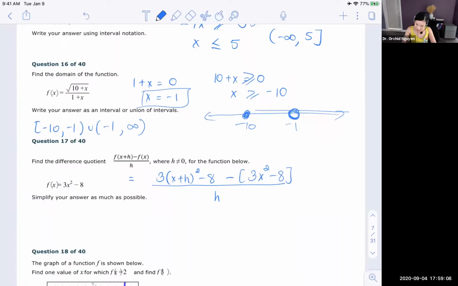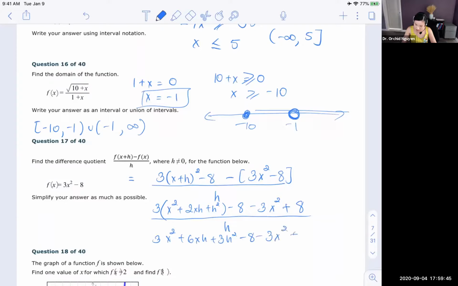If you do your work correctly, you're going to cancel out a lot of things. I can work it out for you. If I FOIL that part, it's going to be 3 times x squared plus 2xh plus h squared, minus 8, minus 3x squared plus 8, over h. So what I have is 3x squared plus 6xh plus 3h squared minus 8 minus 3x squared plus 8.